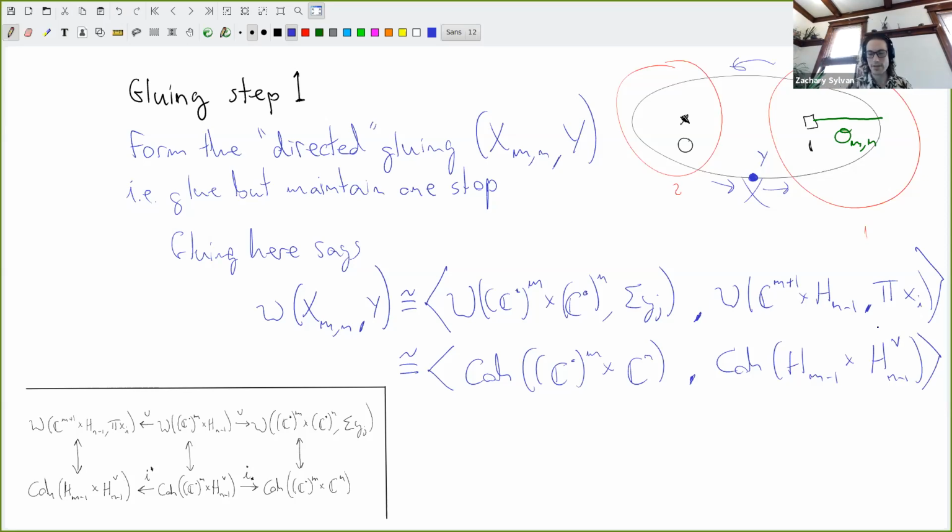And now we can stare at this and say, this right-hand side is sheaves on something of codimension 2. And Orlov tells us that that's a blowup. So this is Coh of some blowup along H M minus 1 cross H N minus 1 check of C star to the M cross C^n.